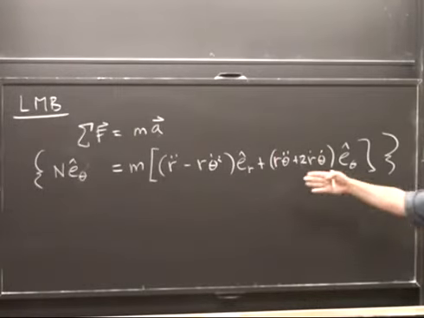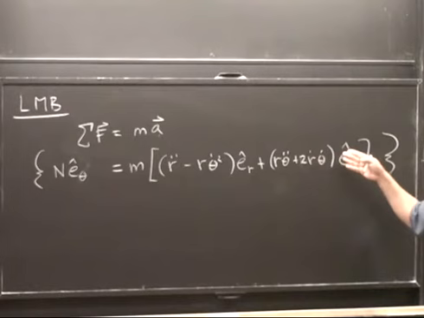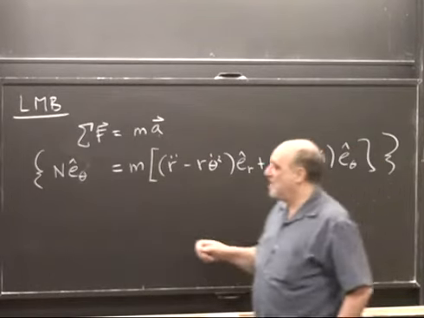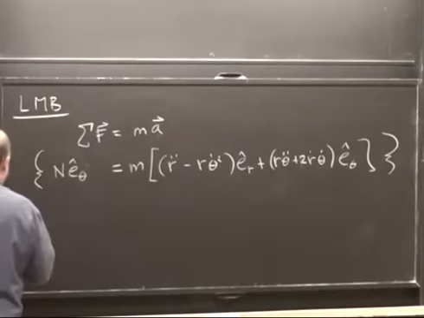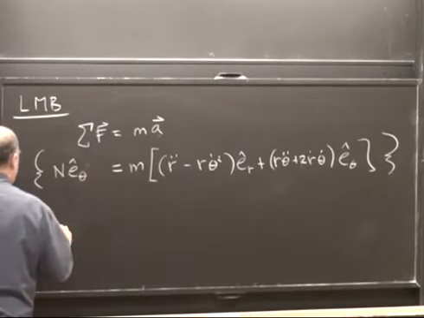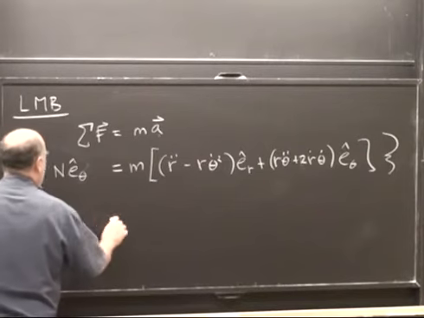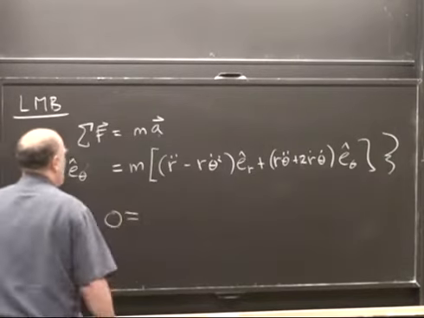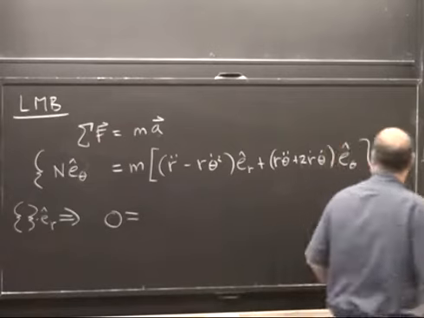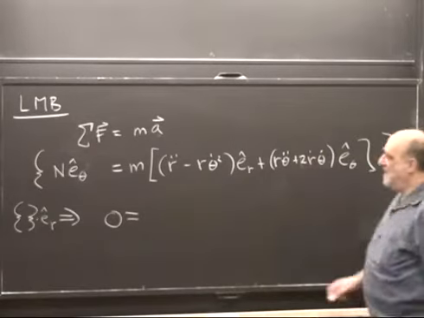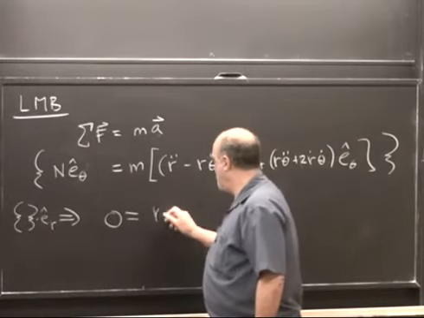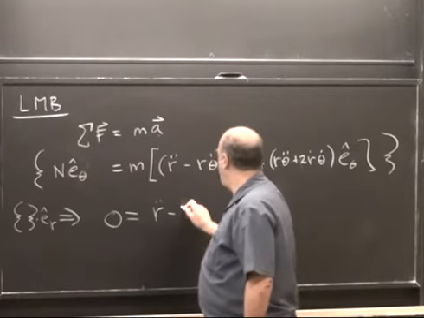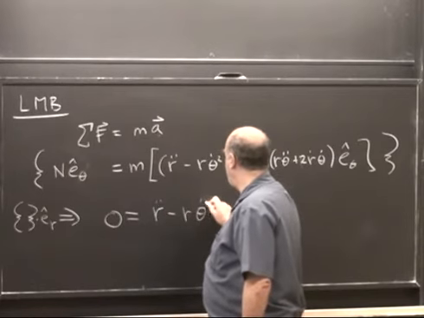So once you believe this crazy equation and can work with it, then you get this beautiful answer all in one step, which is we take the dot product of this with e_r, and it tells us that 0 is equal to, now the m goes away, all of this stuff goes away, and we get r double dot minus r theta dot squared.